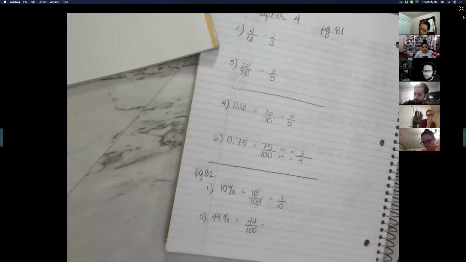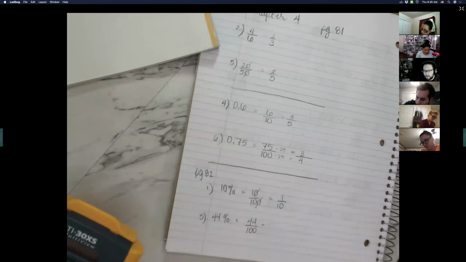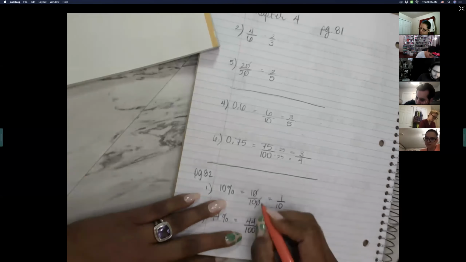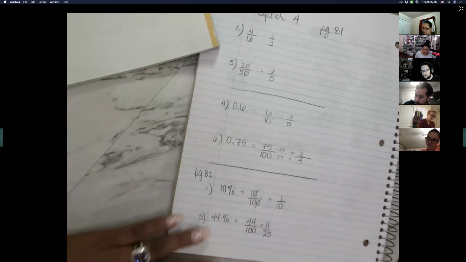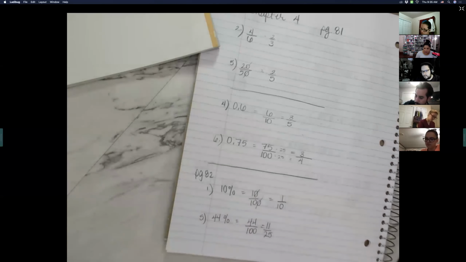What do you get? 11 over 25. Cool. And that's it. That is your reduced ratio.